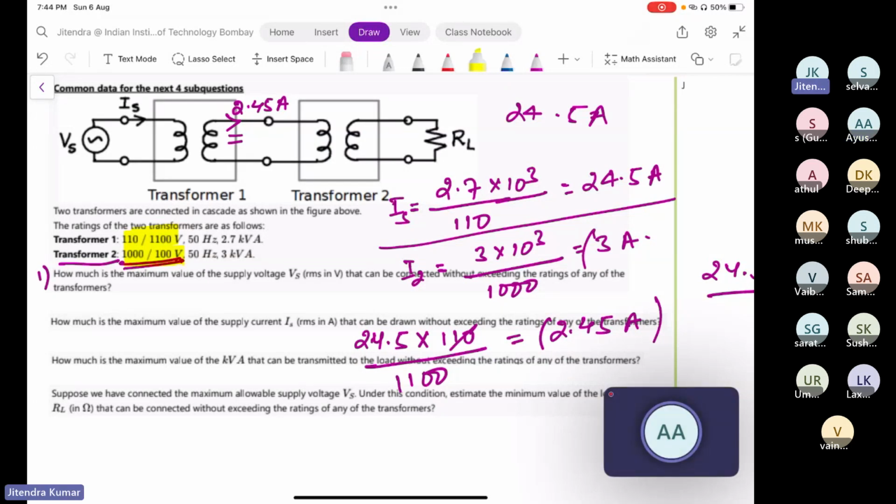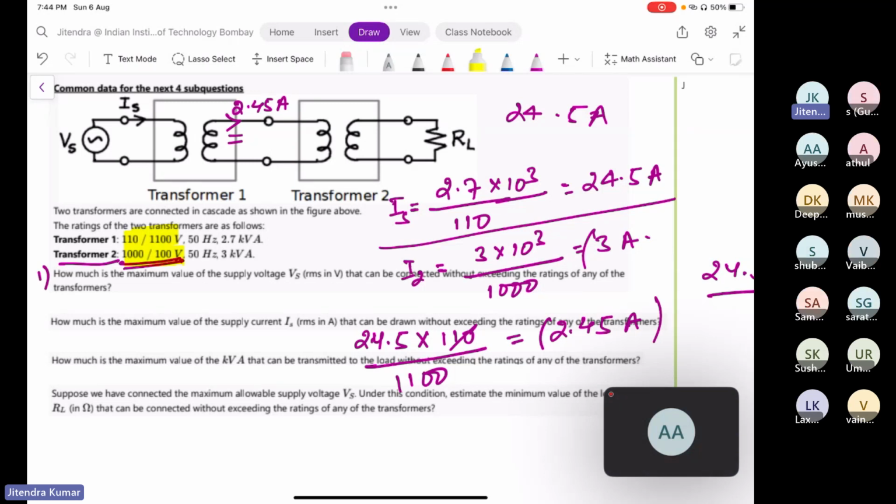Otherwise, if you reduce the voltage from the rated value, you will get higher current. So in that case, it may create problem from the current side. Did you get my point, Atul? Are you convinced with that statement?